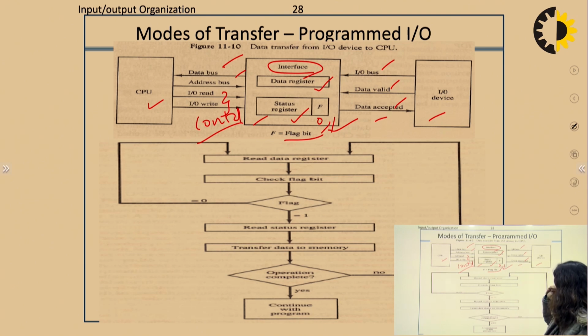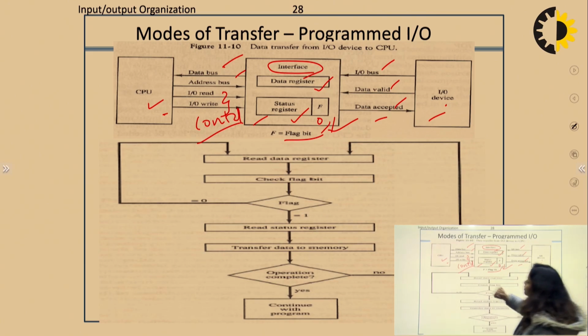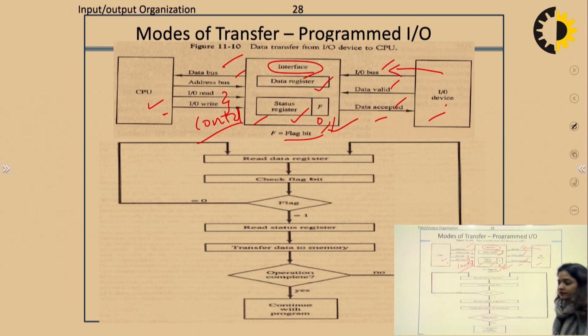Whenever the input-output device needs to transmit data to the CPU, or the CPU wants to send some data to the input-output devices, it will first put an indication on the input-output bus, indicating that it wants to send data to the CPU or is ready to receive data from the CPU.